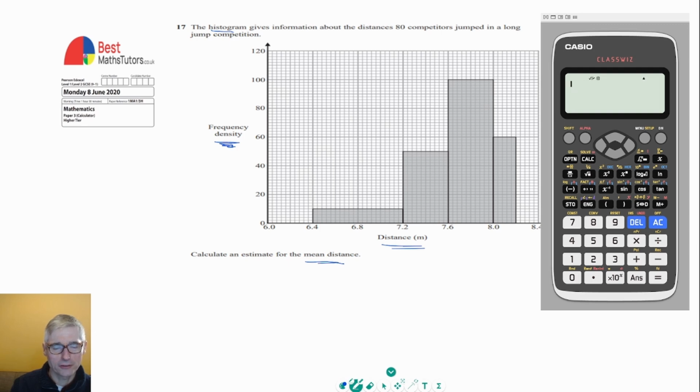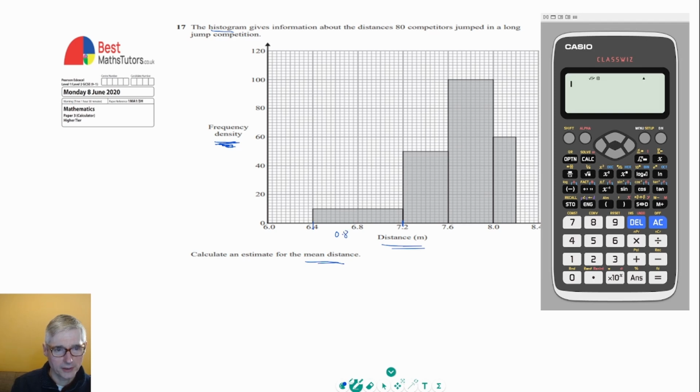So in order to do that, the first thing we will need to do is work out the frequency of each of these bars on the histogram. And we can do that by multiplying the frequency density by the class width. So in this first case, that's from 6.4 to 7.2, so the actual width there is 0.8.